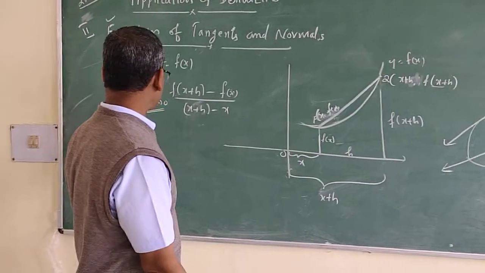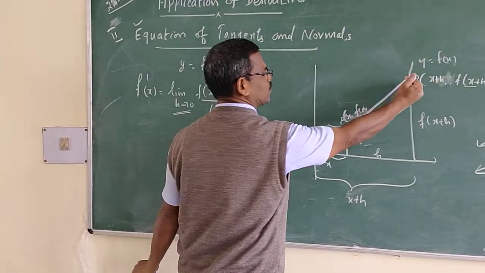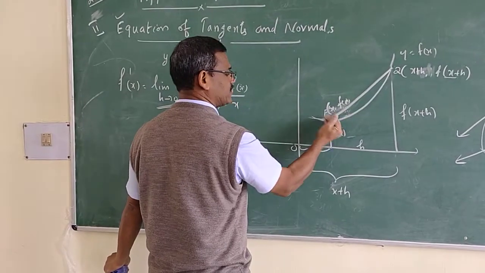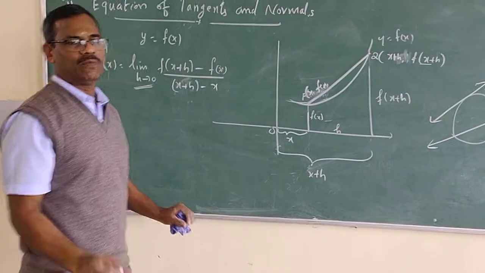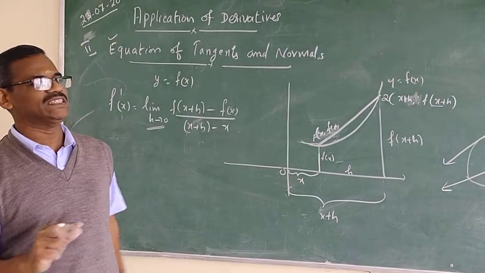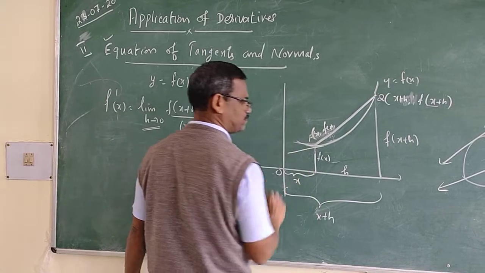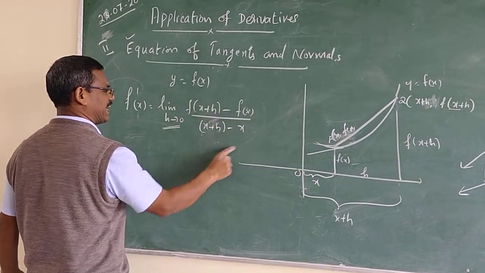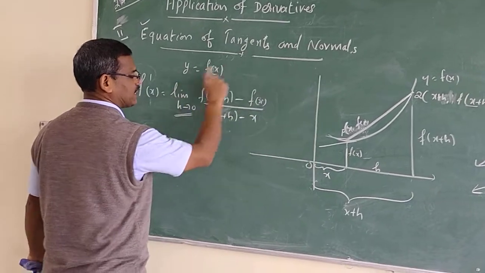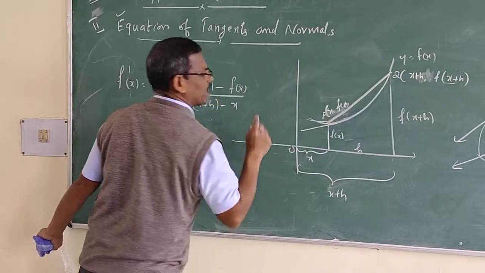So when h is very near to 0, you can see that Q is going to coincide with P. So the chord PQ will become the tangent at that point. PQ becomes the tangent.